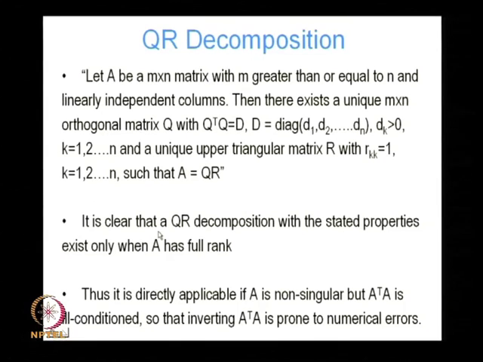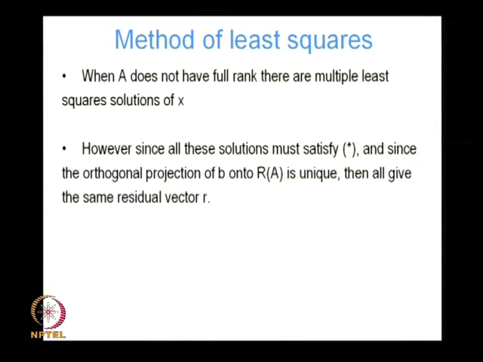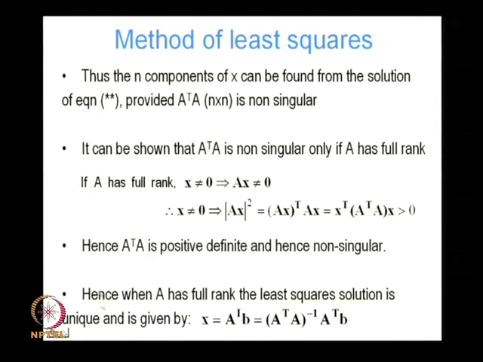Thus, it is directly applicable if A is non-singular, but A transpose A is ill-conditioned, so that A transpose A is prone to numerical errors. So, if A transpose A is ill-conditioned, inverting that is a problem, right. So, we can't invert it directly. So, when A transpose A is ill-conditioned, we can do a QR decomposition.